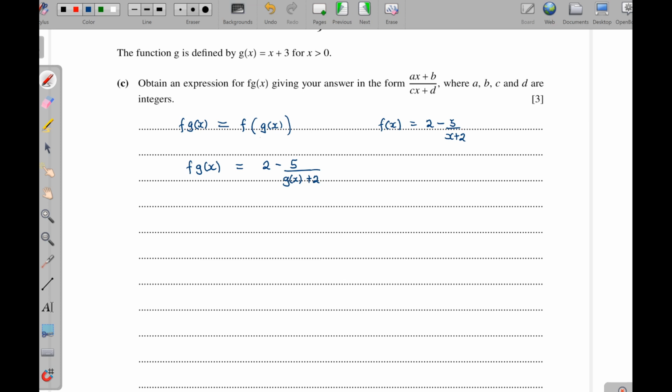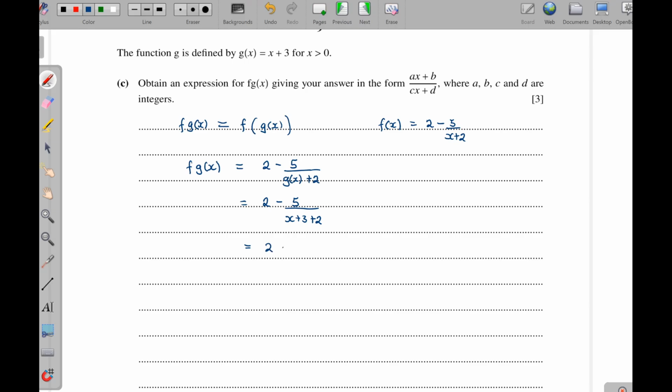Okay, you see this one is f of x, so where there is x, you are putting what? The whole of g of x. All right, now we simplify this one here to be 2 minus 5 out of, this is x plus 2. Actually, it's not a 2, it's a 3. x plus 3, then plus the 2.